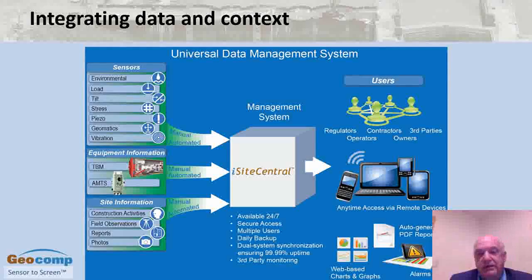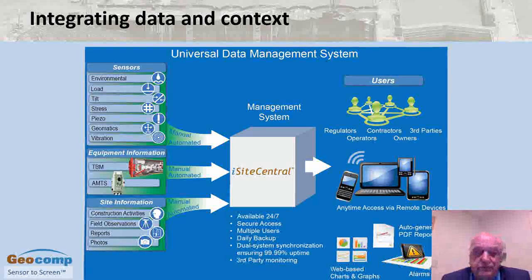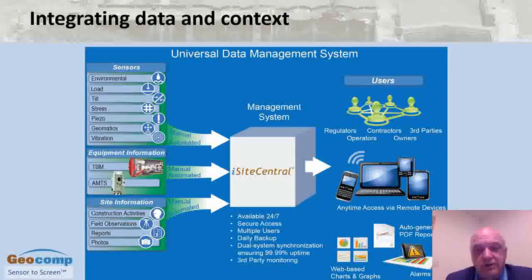We're able to take measurements from machines, from sensors, we take photographs, we take field observations, and put them into one large data and information storage system that can be warehoused, serviced, and grow to very large or small data management systems that are very responsive and deliver that data out to where it needs to be, whether it be on your phone, a laptop, a desktop, or a big screen for a meeting. It's just amazing how all this is tied together now and how it works very reliably.